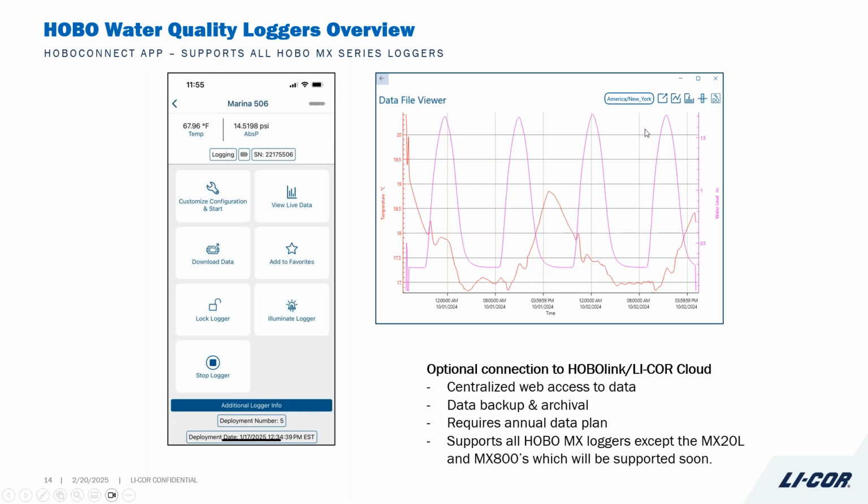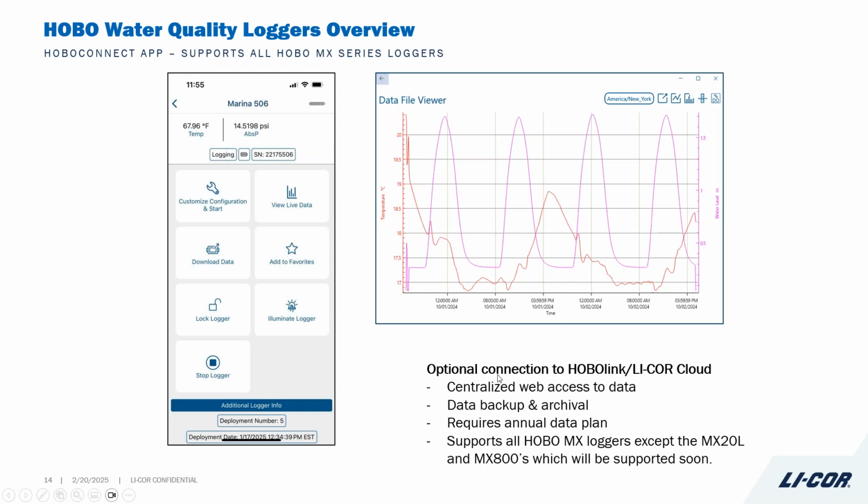A lot of flexibility there. HOBO Connect can also do some processing of the data, like it can calculate %DO data by combining a barometric pressure file with the DO data, if you have those 2 data files. So that's an option. A lot of power in HOBO Connect.